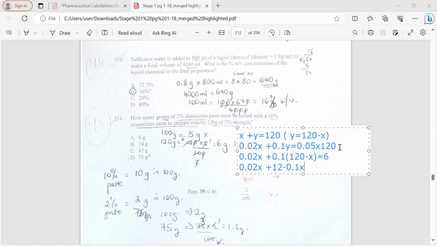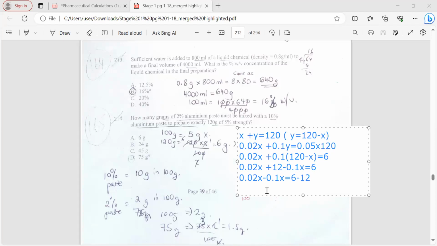When we do 0.02x plus 0.1 times 120, it comes to 12. Here they say the mass of aluminium. 0.02x minus 0.1x is equal to 6 minus 12, which is negative 6. But 0.02 minus 0.1 is negative 0.08, and 6 minus 12 is negative 6.